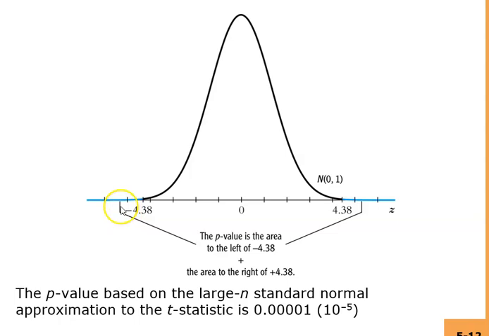If we calculate the probability corresponding to the t-stat of minus 4.38, it comes to about 0.00001, which is a very low probability. This once again means that we can reject the null hypothesis that there is no relationship between student-teacher ratio and average test scores.